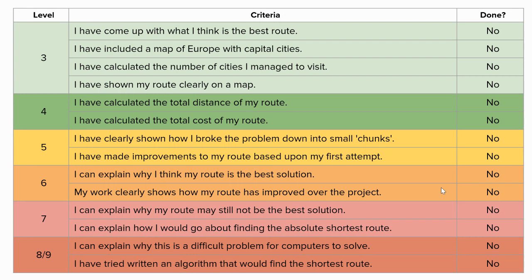Calculate the number of cities that you manage to visit and show that route clearly on a map. And it'd be great if you can calculate the total distance of your route and the total cost of your route. Remember, you want to go to as many capital cities as possible. You've got £3,000 to do it, but each kilometre costs you £1.50.